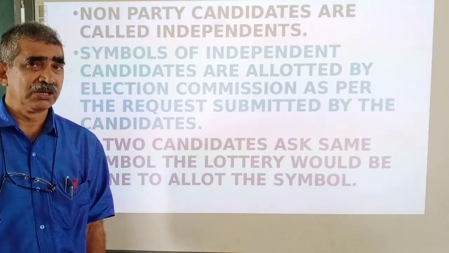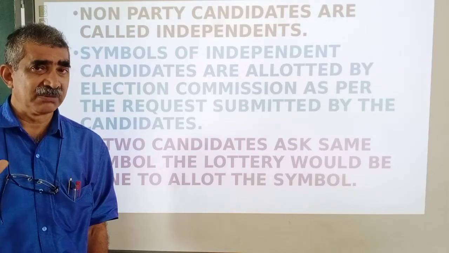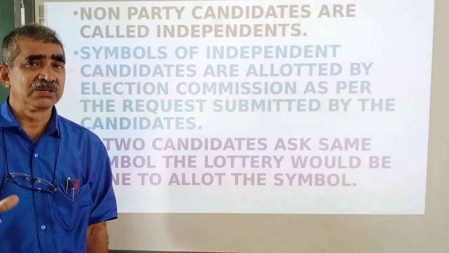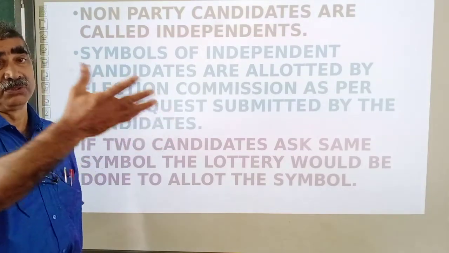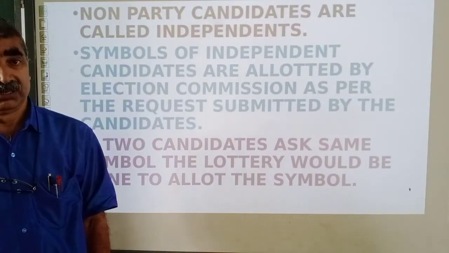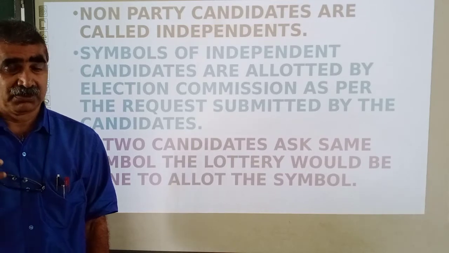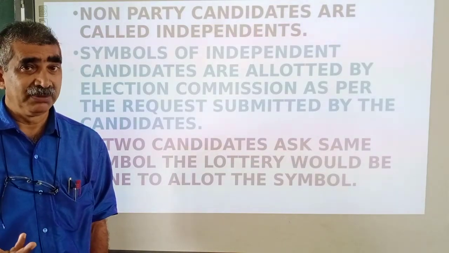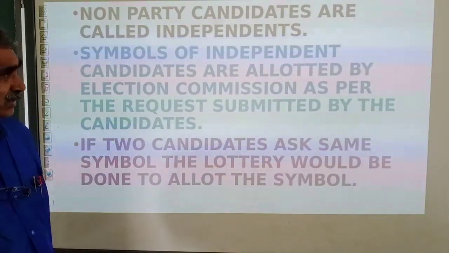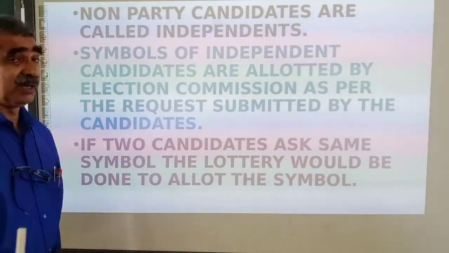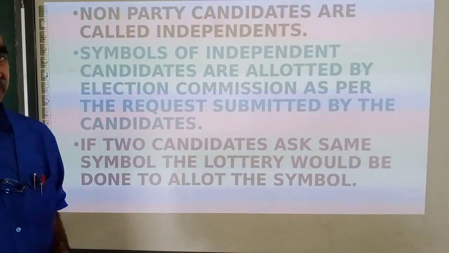Nowadays, the Election Commission doesn't give animals except the elephant. No other animals are usually given as a symbol, because they may be taken to different areas for a campaign. An elephant cannot be taken much. Some areas they take, still it's very difficult. That's it. So the symbol for an independent candidate is allotted like that.